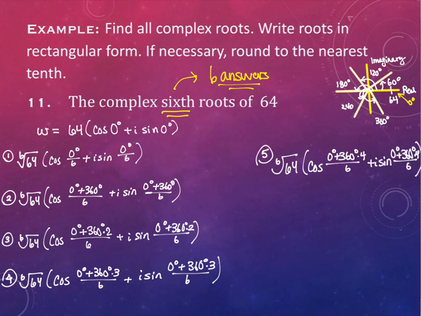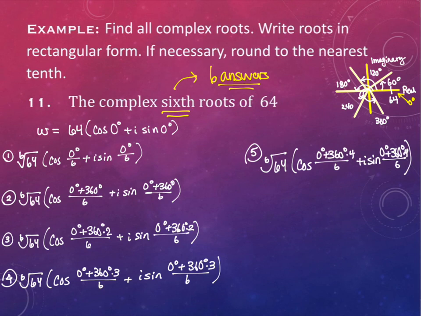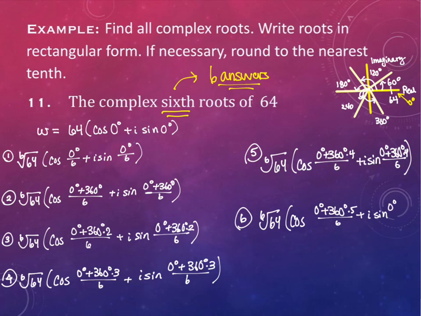Here we go. And then let's do our last one, the sixth one, because there are 6 answers. Sixth root of 64, and then times 5. 0 degrees plus 360 times 5 over 6, plus i sine of 0 degrees plus 360 times 5 over 6.